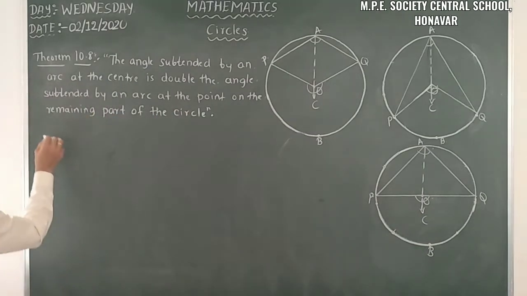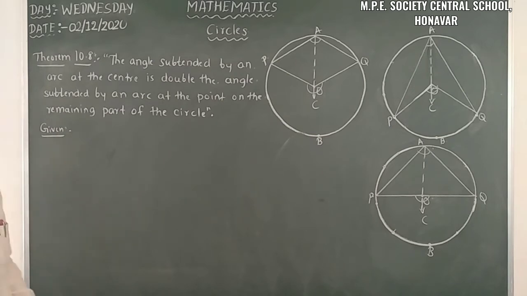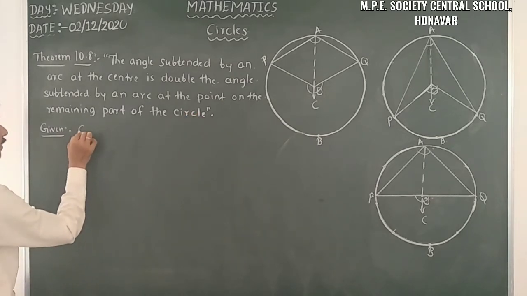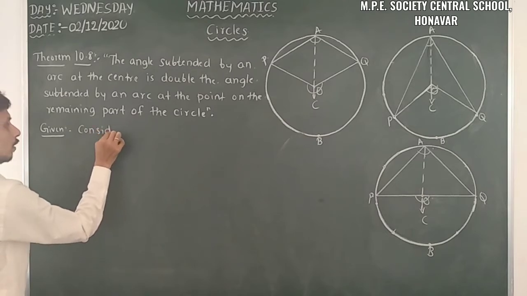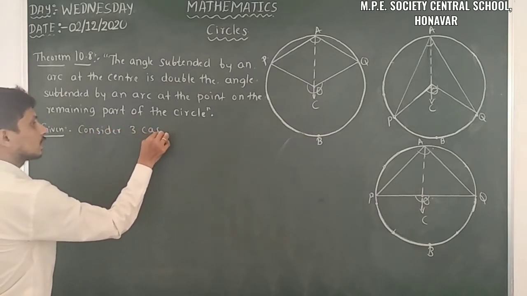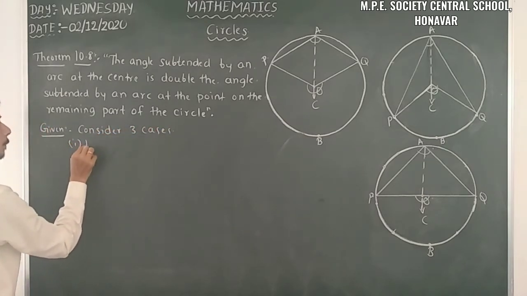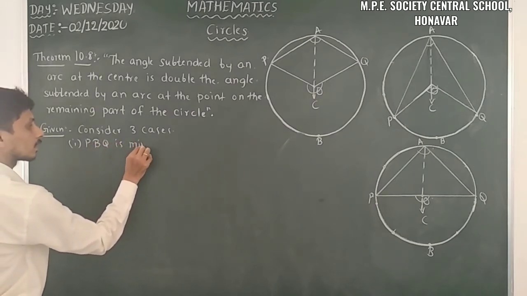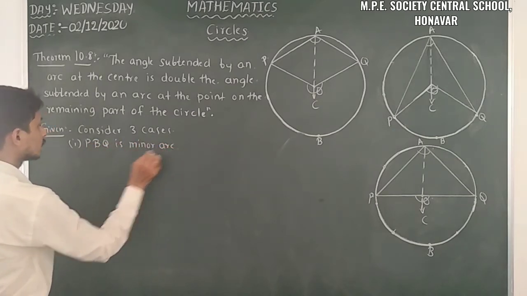Here, in case of the given, we consider three cases. One is PBQ is a minor arc.